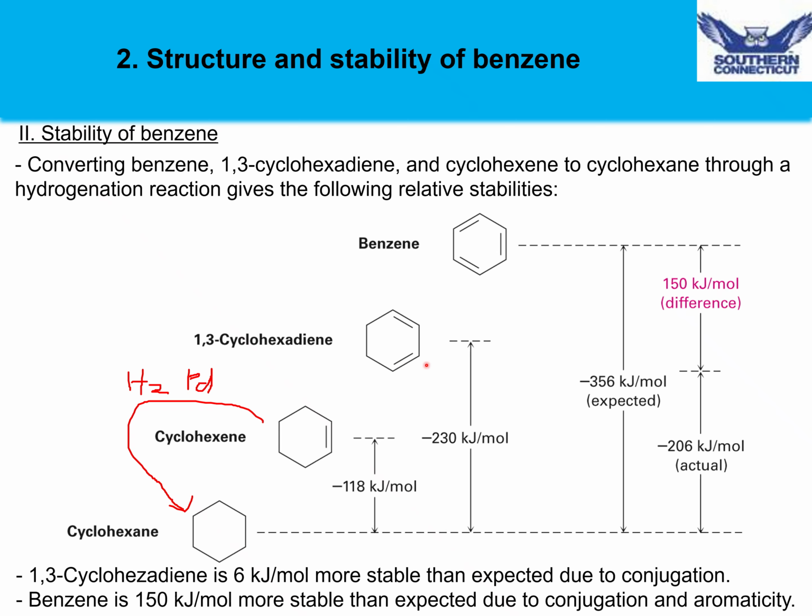In other words, we have found from this experiment and others that when we have a double bond that is alternating with a single bond and then another double bond, those two conjugated double bonds tend to be more stable than individual single bonds. And for this particular example, that stability is somewhere around 6 kilojoules per mole.